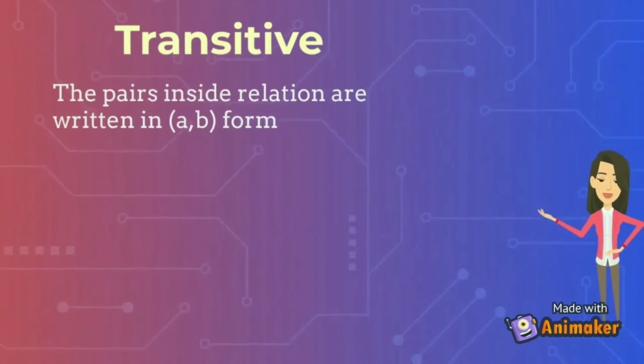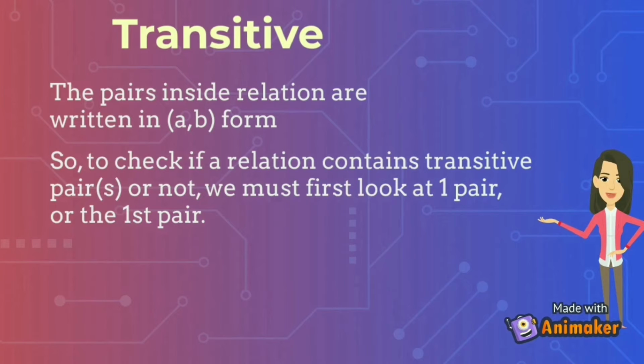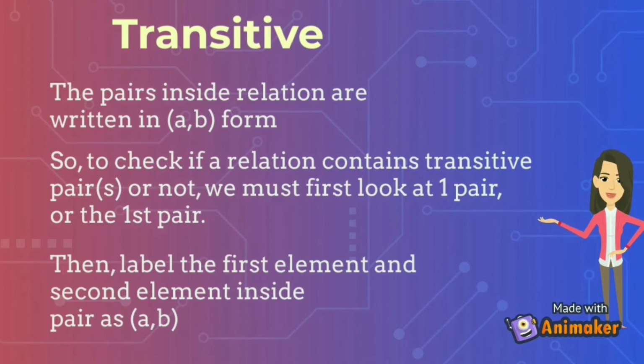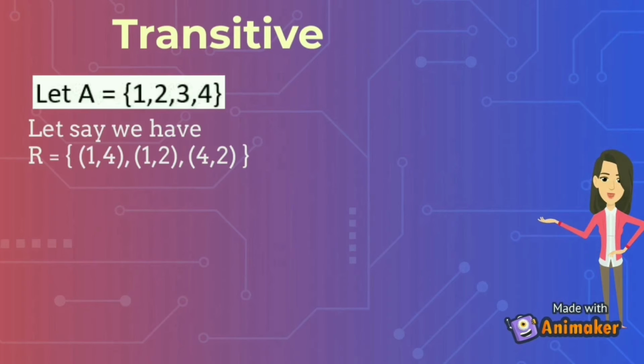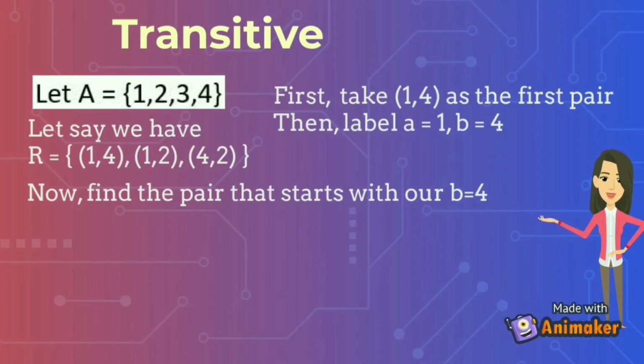Let's say that we have this relation here. How do we know that our relation is transitive or not? We need to check one by one whether each pair satisfies the condition. First, we look at the first pair, which here is (1,4), and label it as A and B, where 1 is our A and 4 is our B. Then we need to find a pair that starts with our B, which here is 4.